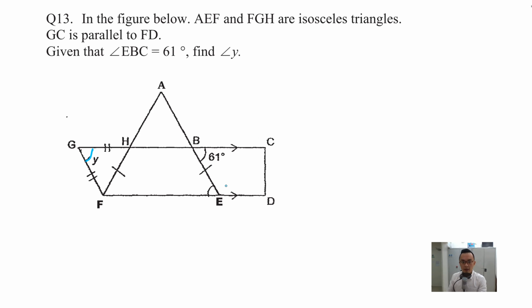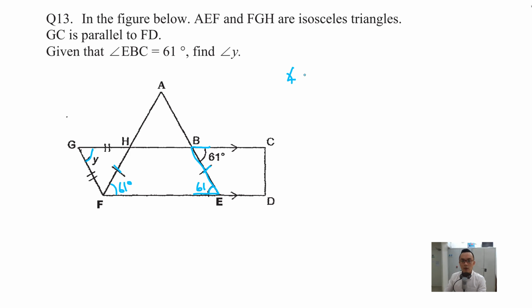So let's look at the angles that we can find. If this is angle Y, we can find that this angle E is also the same as angle Y, which is 61 degrees. Because this is isosceles with these angles the same, this is also 61 degrees.